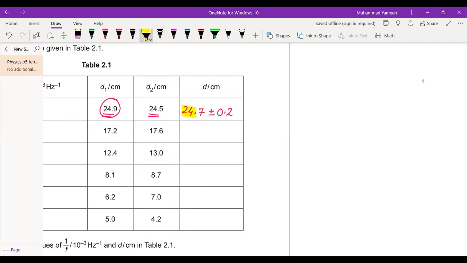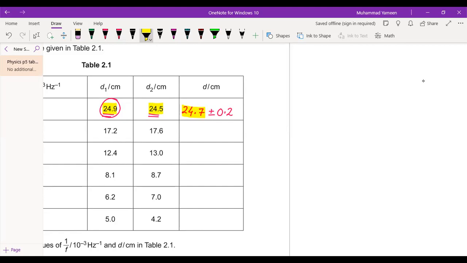If you add 0.2 to 24.7, you will get 24.9. If you subtract this 0.2 from 24.7, you will get 24.5.